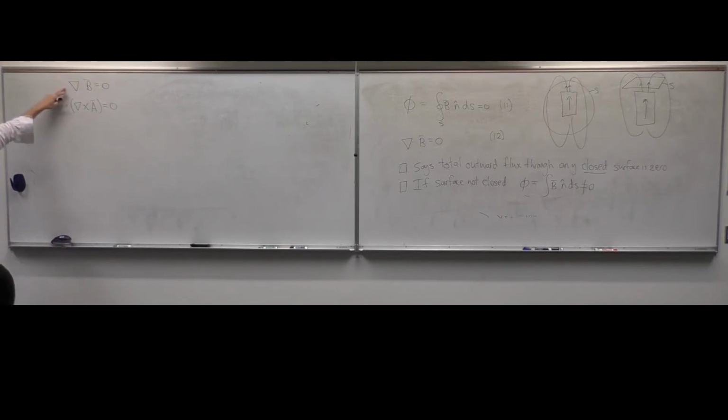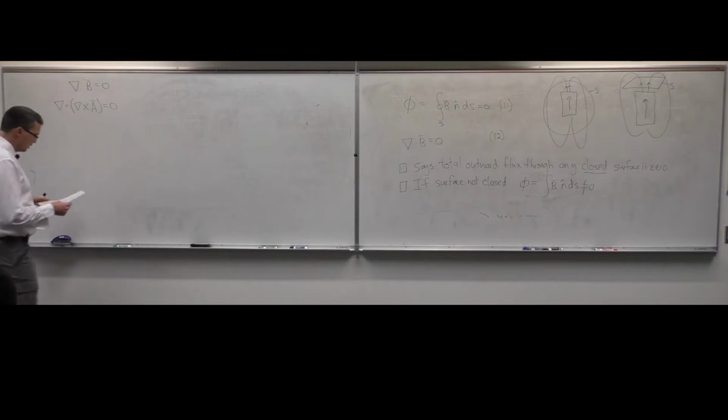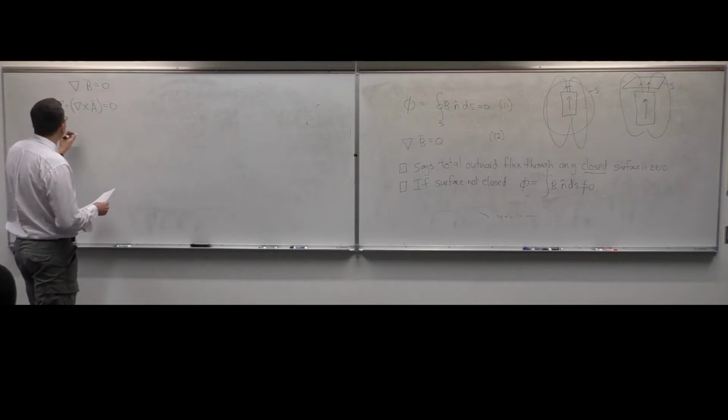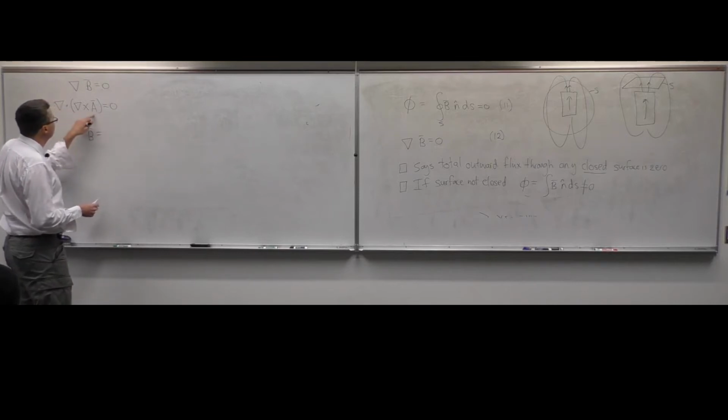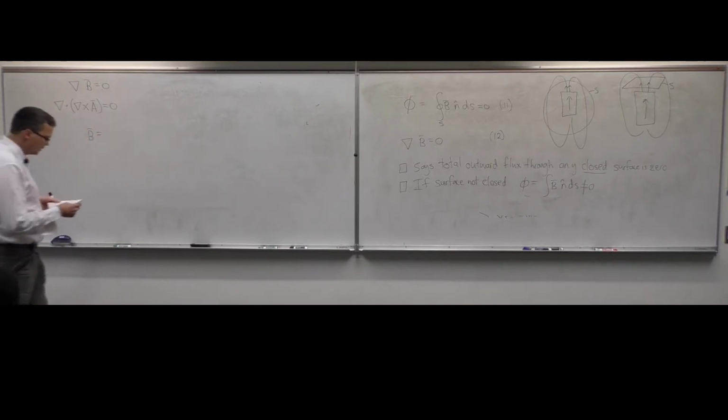If you compare del dot B and del dot del cross A, you can note that these two are equal to 0, and so therefore we can define the magnetic flux density in terms of A, the magnetic vector potential.